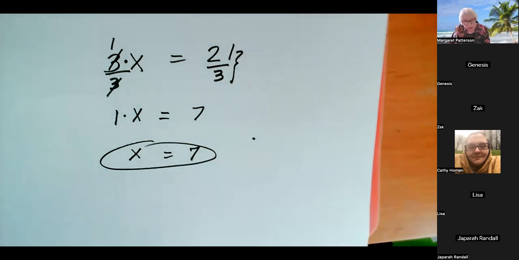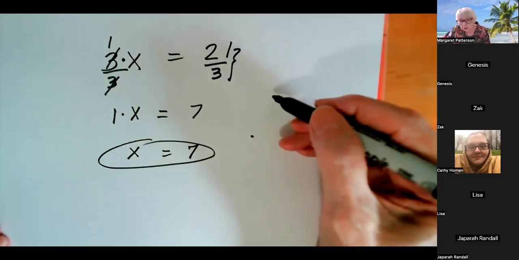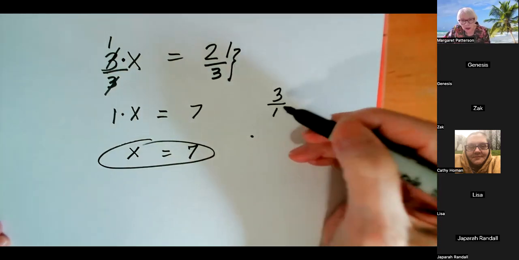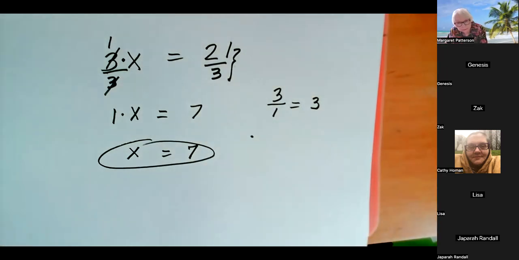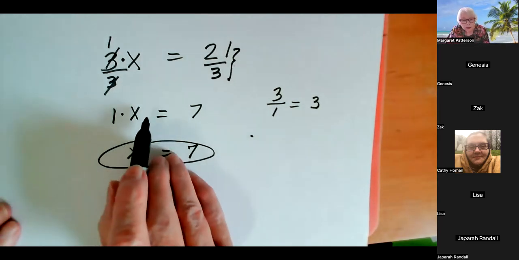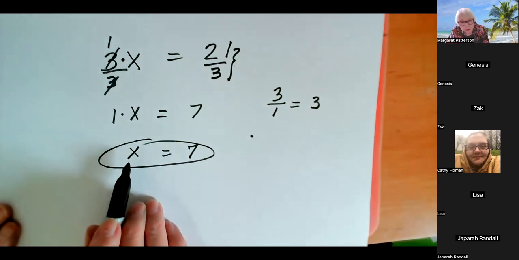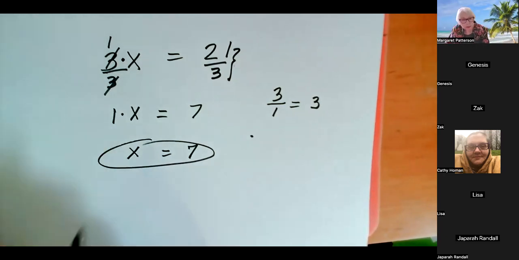Don't write anything extra. This complies with what you know: when you had answers like 3/1, typically you'd change it to 3. Simple. They love simple. 1X means 1X, but is typically written just plain X is 7. How do you like that?